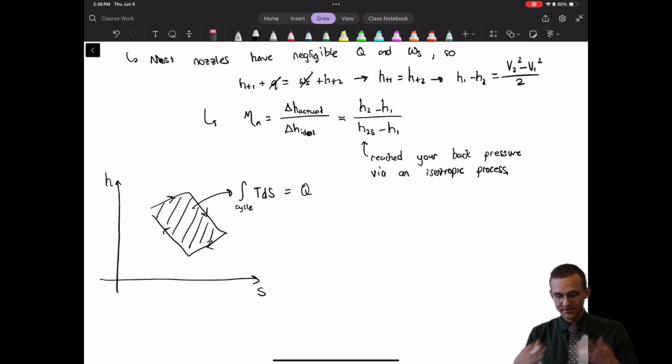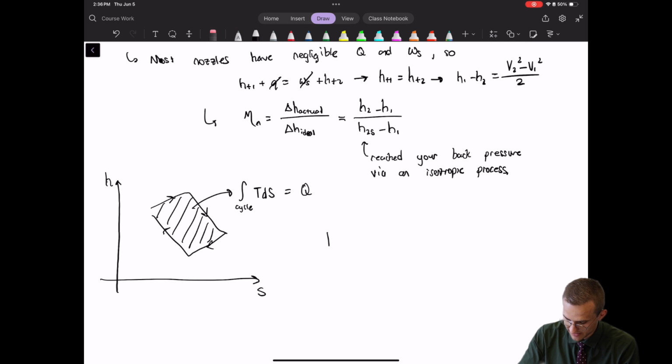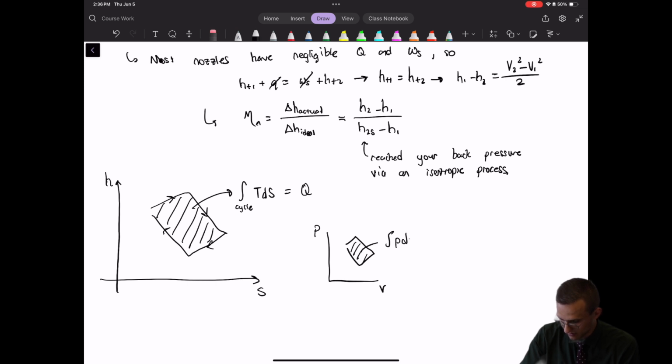So that's why you draw the diagram that way, because you can interpret the area enclosed by a process or by a cycle as the heat transfer. Same with a PV diagram. If you have a P and a V, then if you look at the cycle, the way that you get that area there, that's the integral of P dV. Well, what's that? That's the work. So you can interpret the area enclosed by cycles on a PV diagram as the work.